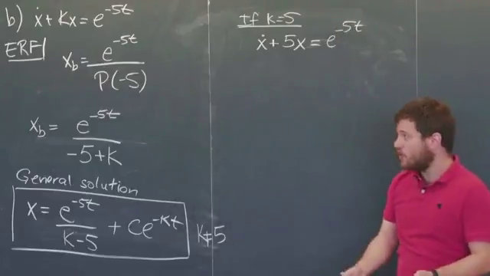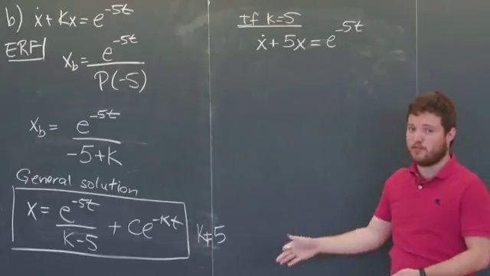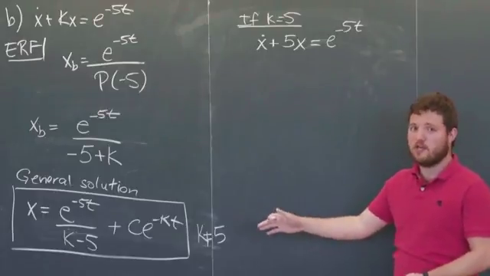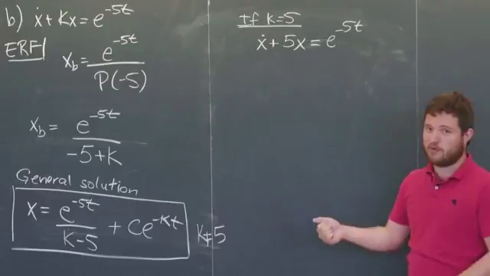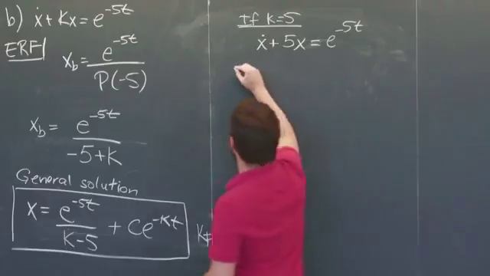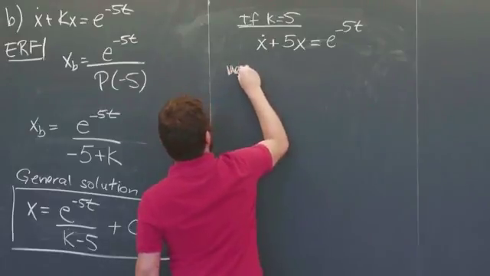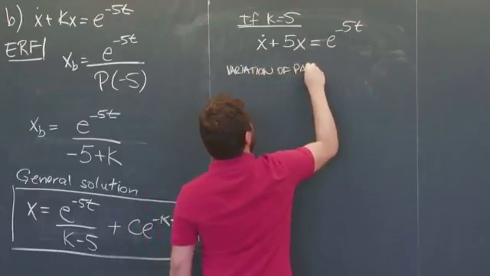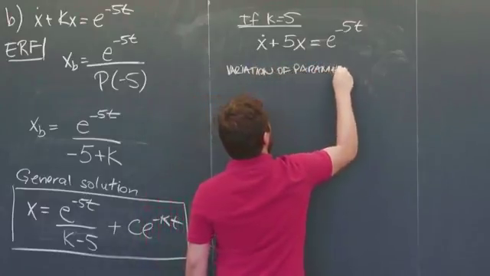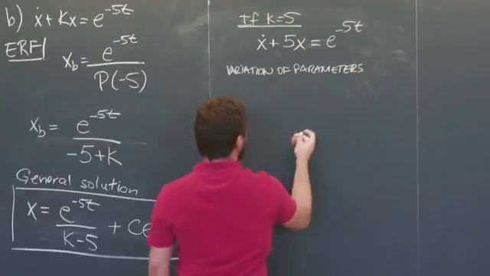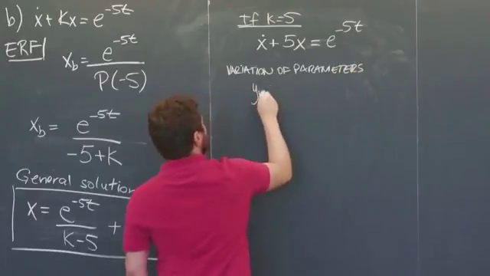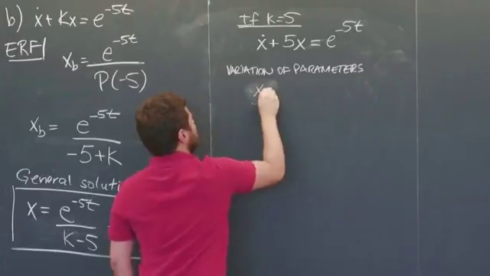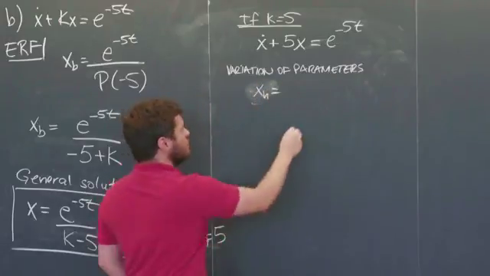Now, since we saw that the exponential response formula as we know it didn't work, we can use the method of variation of parameters. So for variation of parameters, we need a homogeneous solution, which we found before.